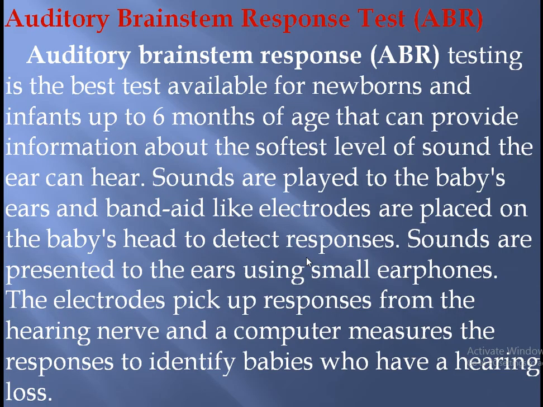And the second one is the auditory brainstem response test, in which small band-like electrodes are placed on the baby's head to detect the response. Sounds are presented to the ears using small earphones, and the electrodes pick up the responses from the hearing nerve, and a computer measures the responses to identify babies who have a hearing loss.